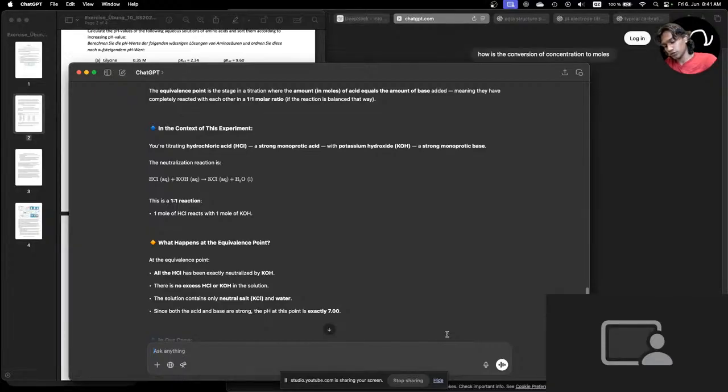Therefore, the concentration of OH minus and H plus produced would be equal.